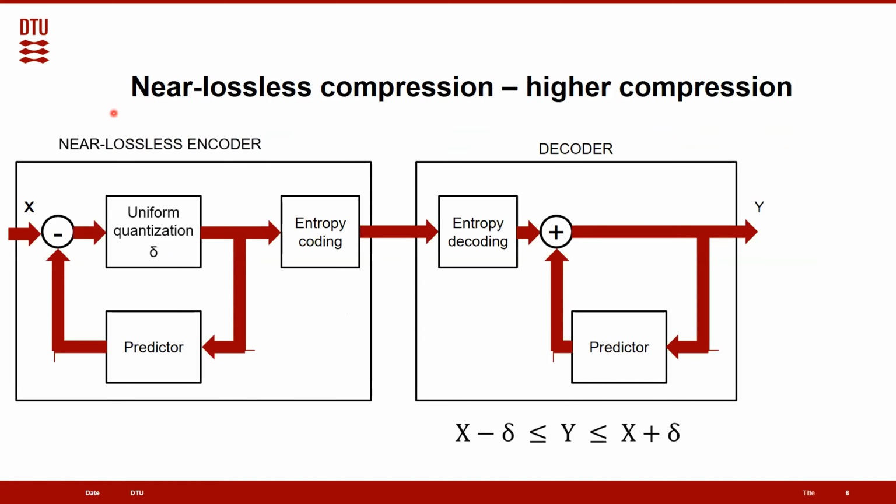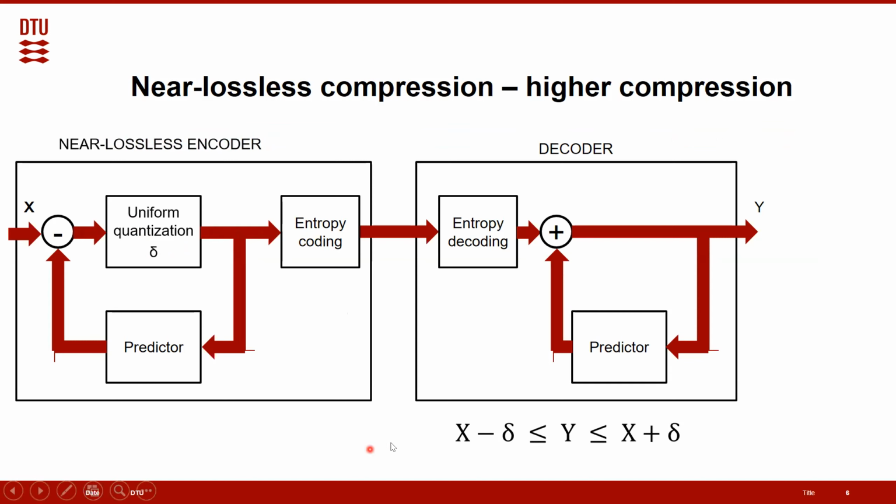But now going to what will be the core of the talk, the near lossless coding and improving on this. We start from the very classic block diagram of just having a uniform quantizer in a predictive coding scheme.